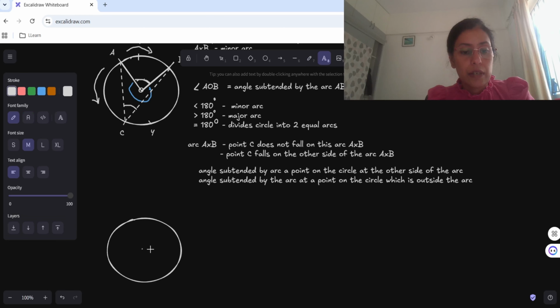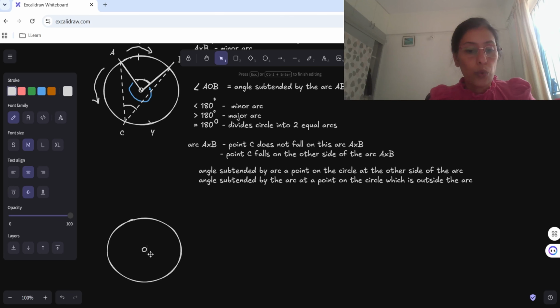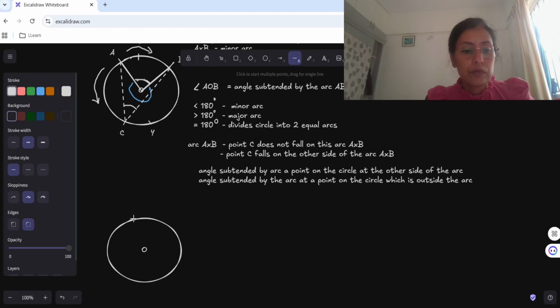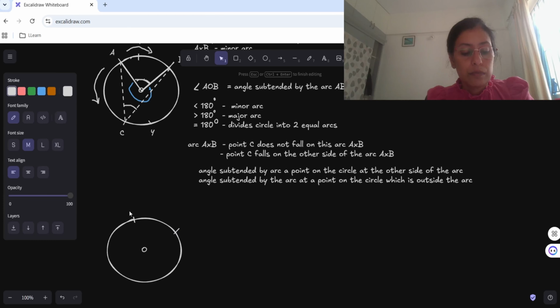We call this center O. Then we define two points on the circle, point A, point B. And I'll make another point here.